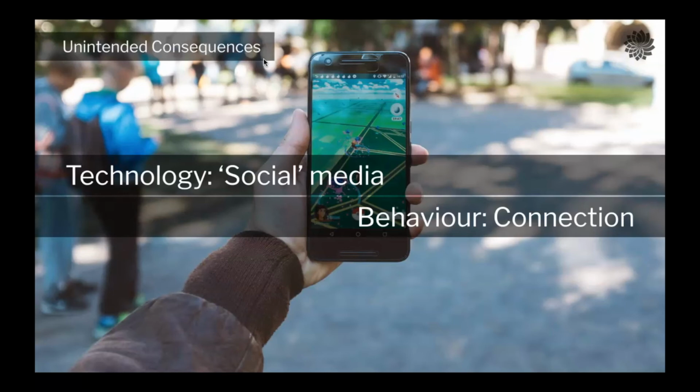There can also be positive unintended consequences, such as the game designers who made Pokemon Go probably didn't realize, and I'm not sure if they did, and it's great if they did, but they probably didn't realize that the game would end up making lonely streets busy, and spark connection between people in areas where they wouldn't have expected to run into each other chasing Pokemon.